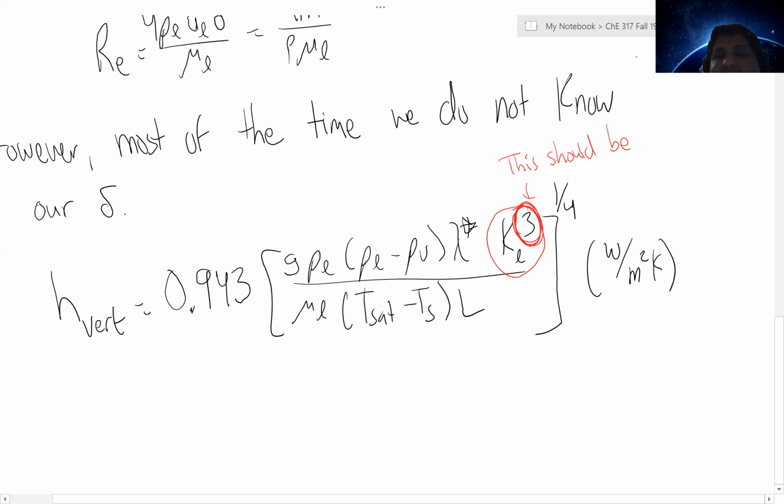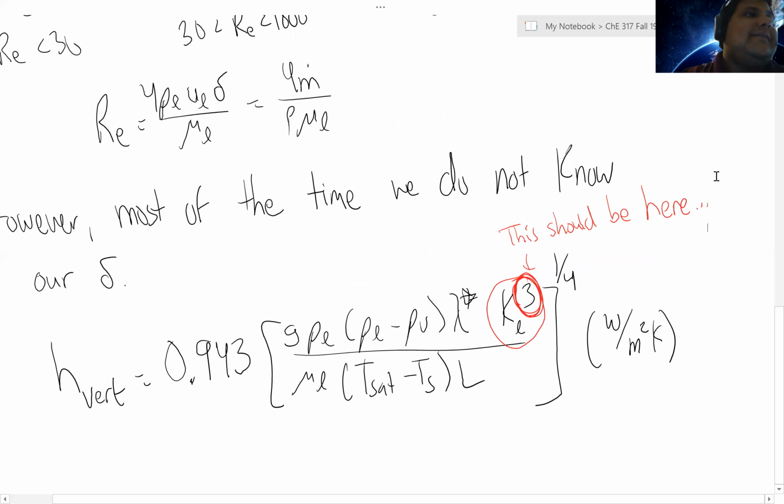So please double check your notes from Monday, and if I left that off, add those to your notes. I'm going to double check after class the notes I post on Blackboard and re-upload them. Is that for both vertical and horizontal tubes? Yeah, all of these follow this form, and in most of these, when that thermal conductivity of the liquid is in the numerator, it should be cubed.